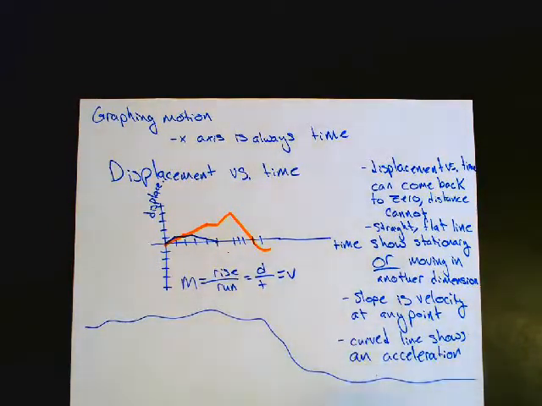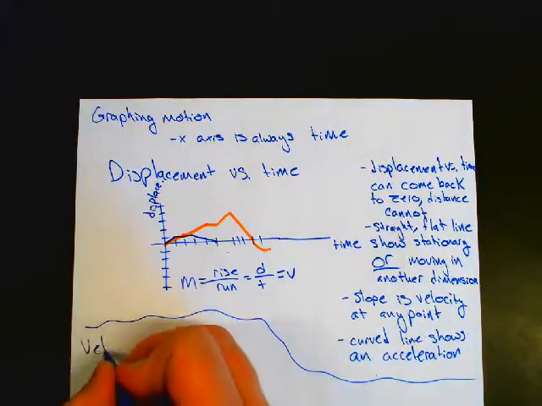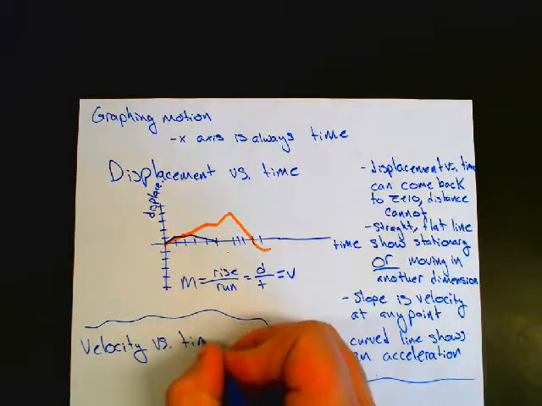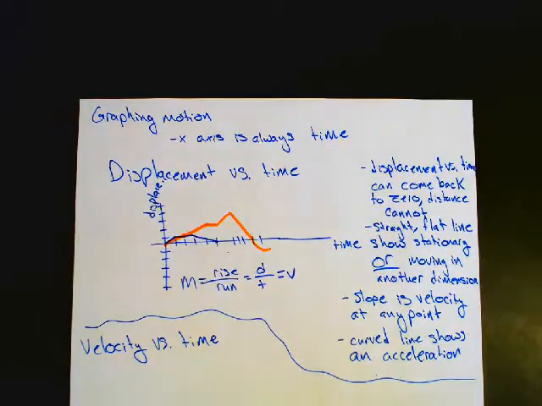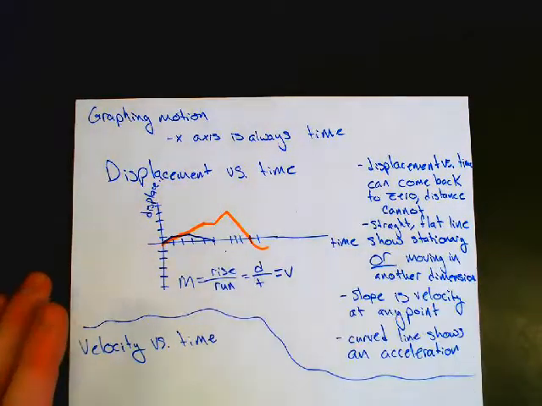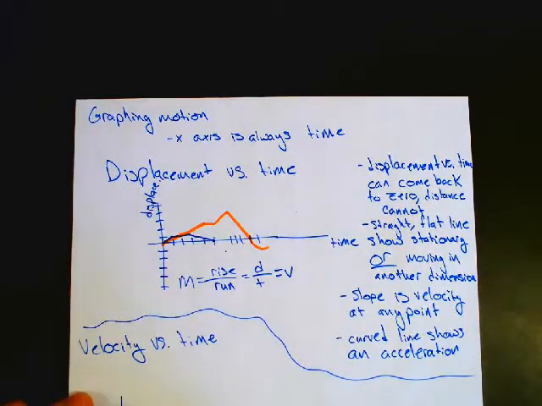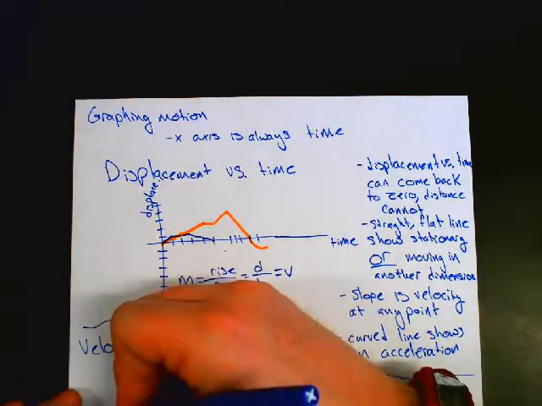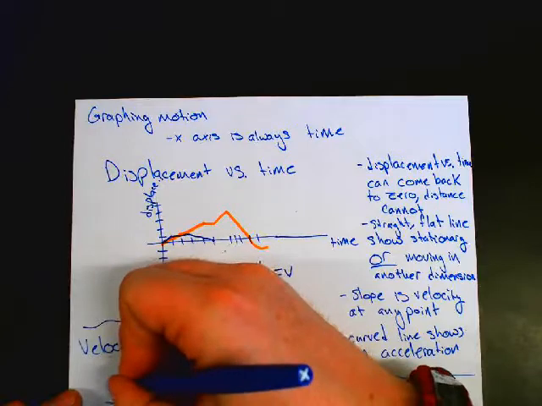Okay, our next type of graph is a velocity versus time graph. Now, I'm just going to try using the same orange motion that I just went through. But now, instead of having displacement on my y-axis, it's going to be velocity.